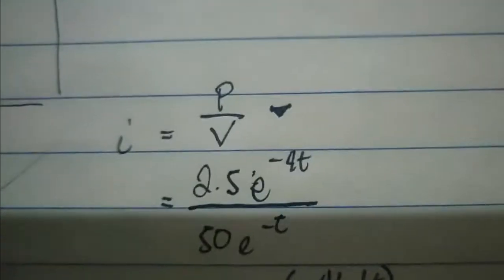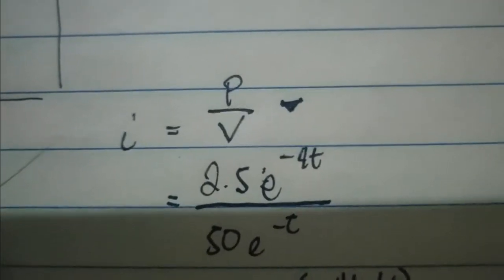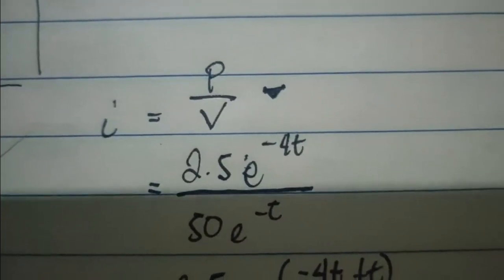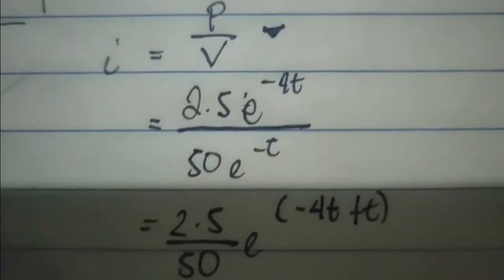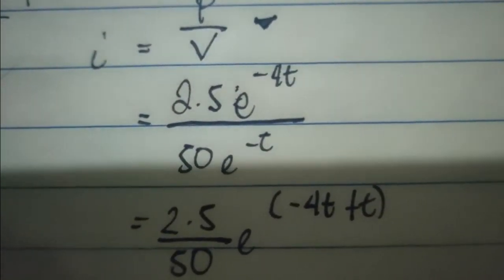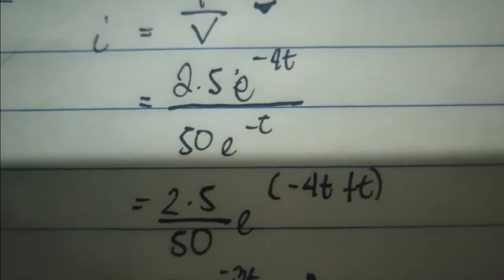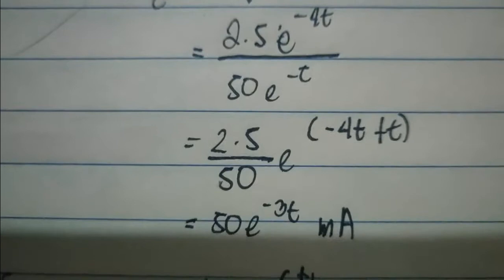So for the formula of charge, I is equal to P over V. So 2.5 e raised to negative 40t over 50 e raised to negative 3t. So 2.5 over 50 e raised to negative 40t plus 3t.